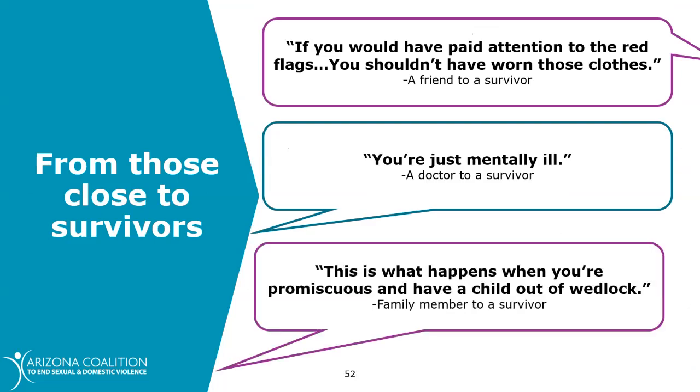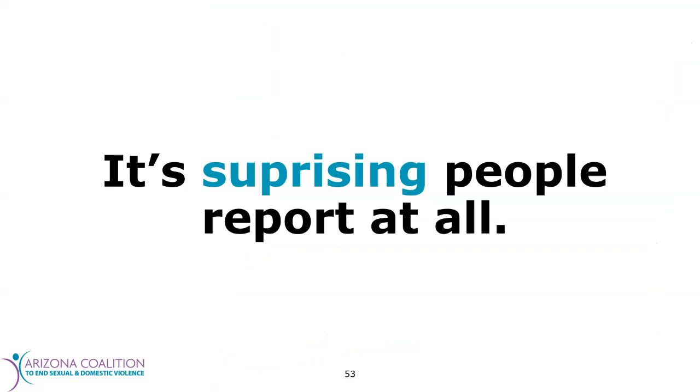This is what happens when you're promiscuous and have a child out of wedlock," right? But it doesn't just stop there. Even if the survivors are believed, right, they believe that the sexual assault happened, people still tell them that it's their fault. Survivors are being told and shown at every point that they aren't going to be believed and that they are to blame by the legal system, by their doctors, and by people they care about. And if survivors aren't believed, it's surprising that people even report at all.